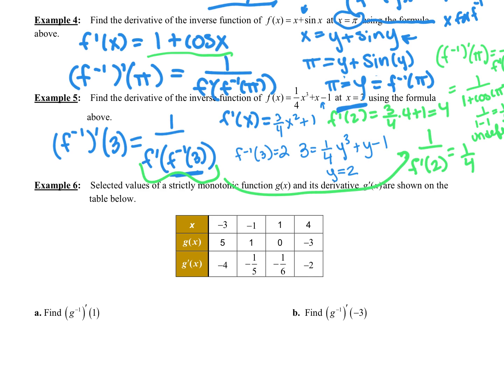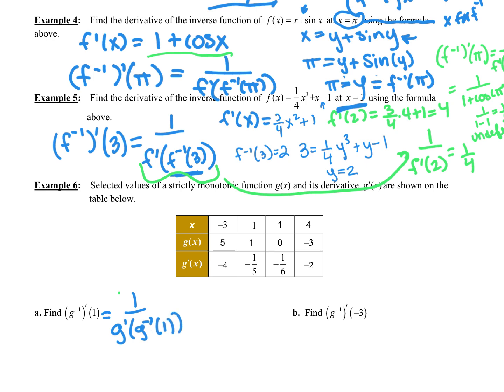So let's do one more example here using a table, okay? So we're going to find the derivative of g inverse at 1. So we'll use our definition here. This will then be equal to 1 over the derivative of g at g inverse of 1.